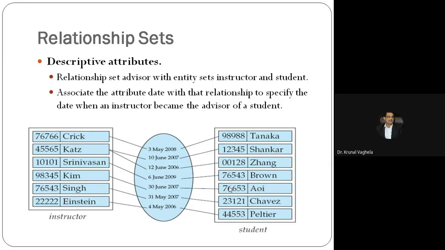Generally, what we have done, the entity set has attributes. Like in this entity set, instructor attributes are instructor ID and name, student ID and name. But when your relationship set has some attribute, we call it a descriptive attribute. 1 mark question.